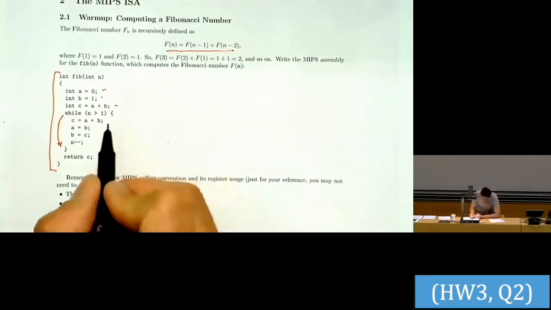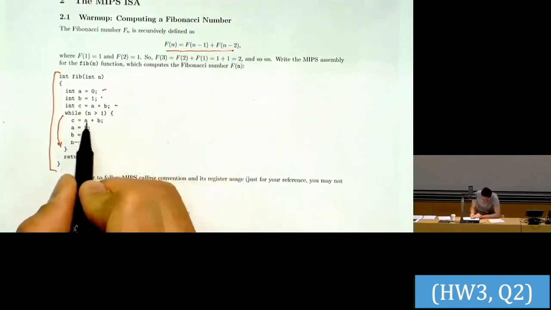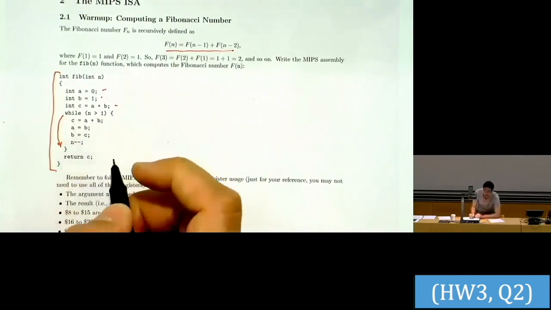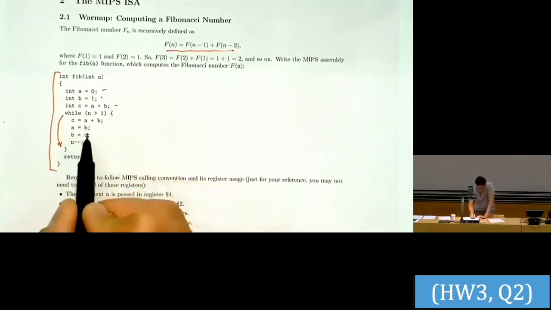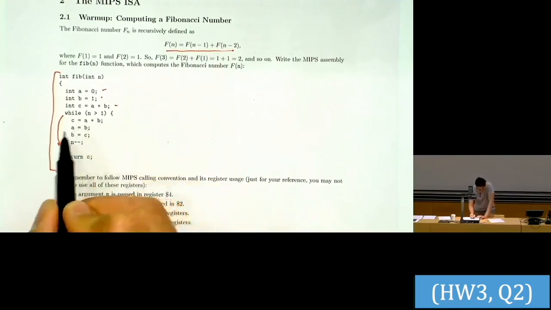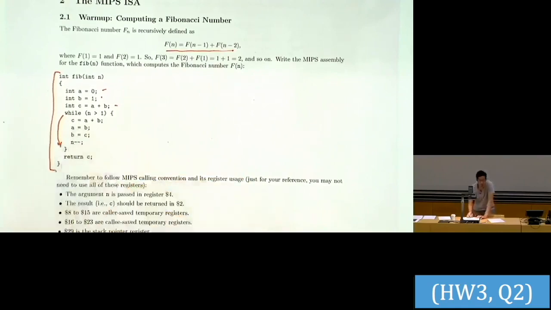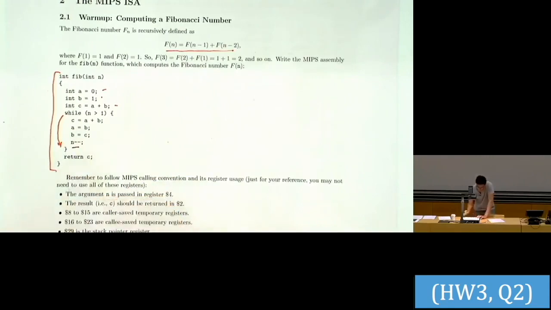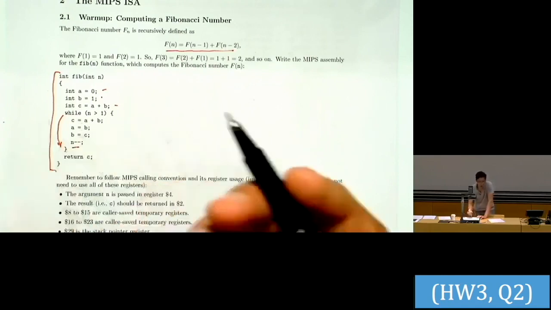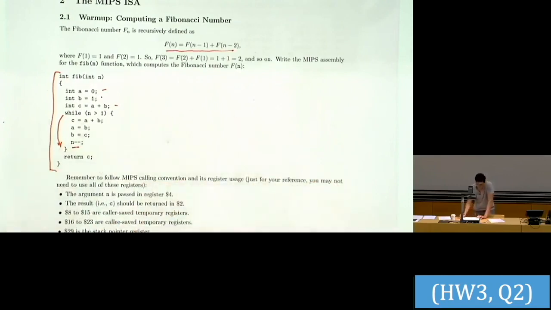And in the loop body, we first compute A plus B and store the result in C, and then we store B in A and C in B. So finally, we decrement this counter n, and we repeat the loop while n is greater than 1.